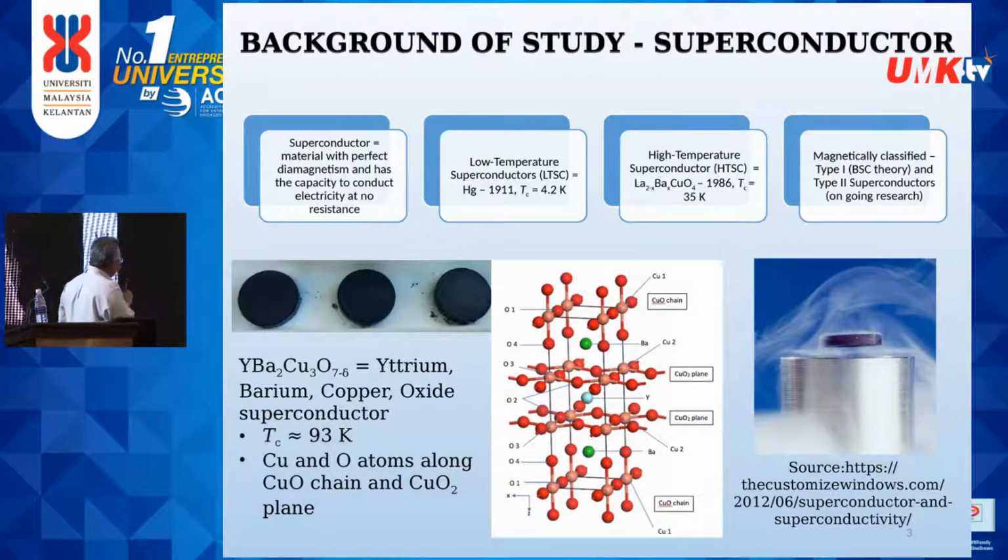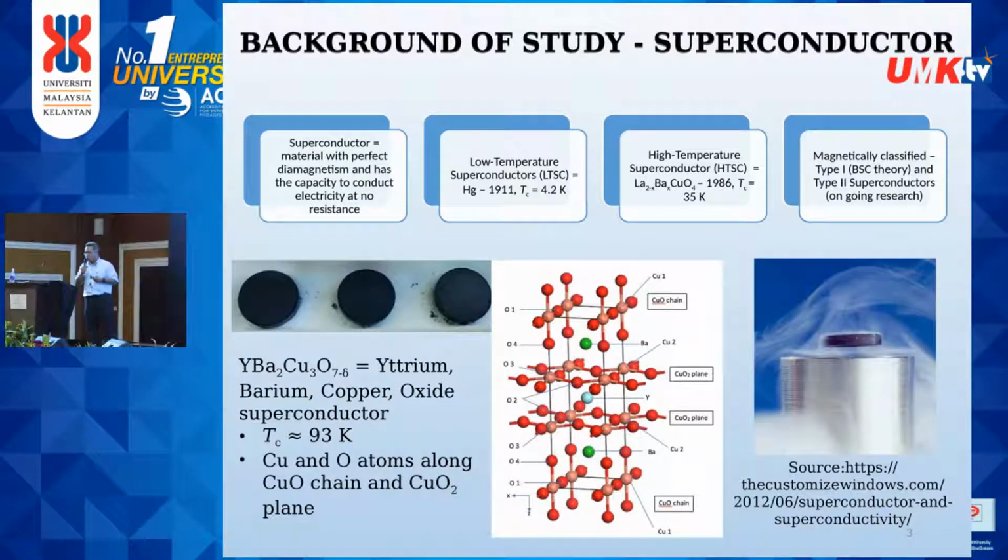It stands for yttrium barium copper oxide superconductor, and the Tc is about 93 Kelvin. There is also 124 YBCO, whose critical temperature is about 80 something, and also the 247. These three stoichiometries of the YBCO system are quite established now.